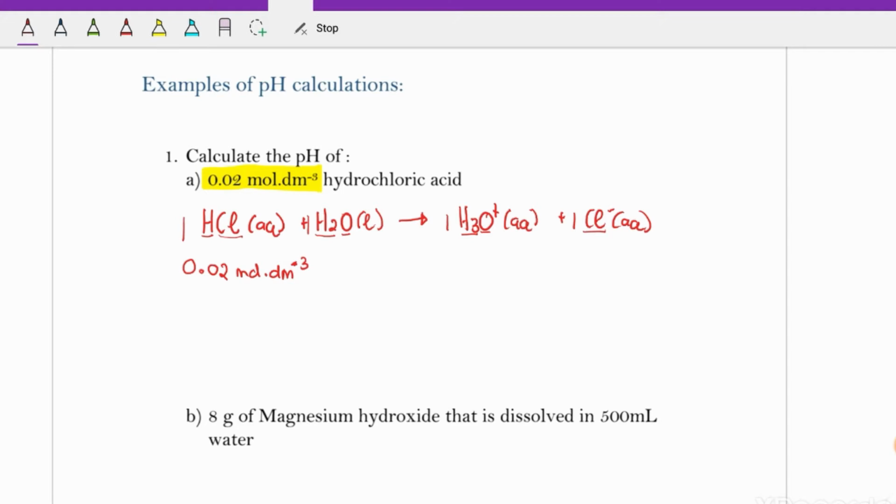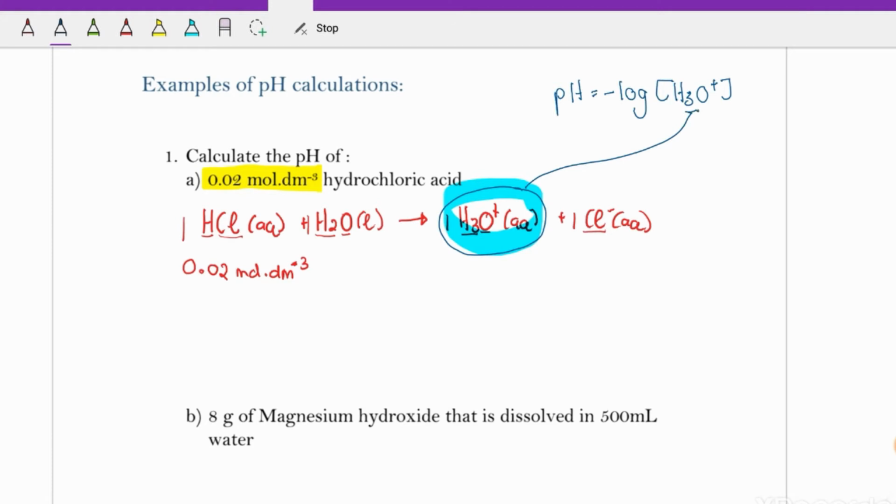So I want to know what is the concentration of this. That is what I'm interested in, because at the end of the day, when we do our pH calculation, remember that the pH is the negative logarithm of the hydronium ion concentration. So we are interested in knowing what is the concentration of my hydronium ions.